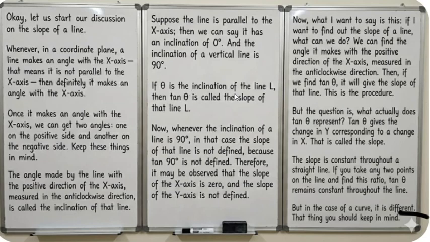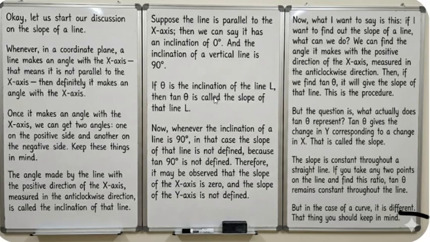Then if theta is the inclination of the line, tan theta is called the slope of the line. If you understand what the inclination of the line is, and you take tan of that inclination, it is called the slope of the line. What does it actually represent? It represents the rate of change of the dependent variable per unit change in the independent variable.